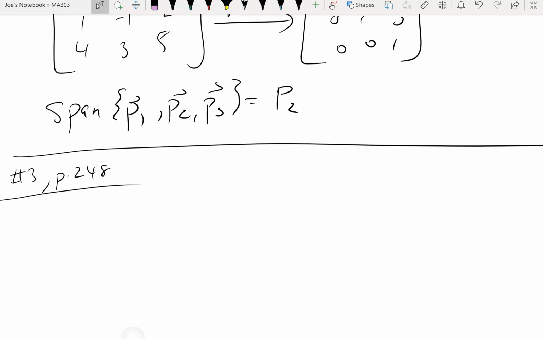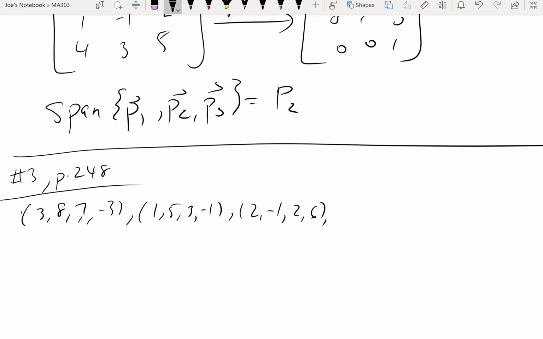So we have the vectors, this is part A, but the vectors 3, 8, 7, -3, 1, 5, 3, -1, 2, -1, 2, 6, and 1, 4, 0, 3. Given the size of these vectors, the way I've written them, what spaces are these coming from? R4, good.